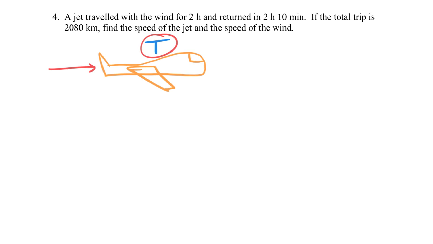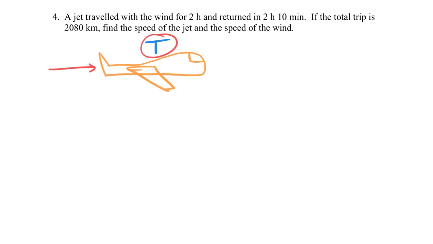This is very similar to the previous problem of us talking about a stream. Imagine I'm canoeing, paddling. I can paddle my boat at a certain speed by moving my arms at a speed. But then the stream, the current, is going to push me to go faster or push against me to go slower.